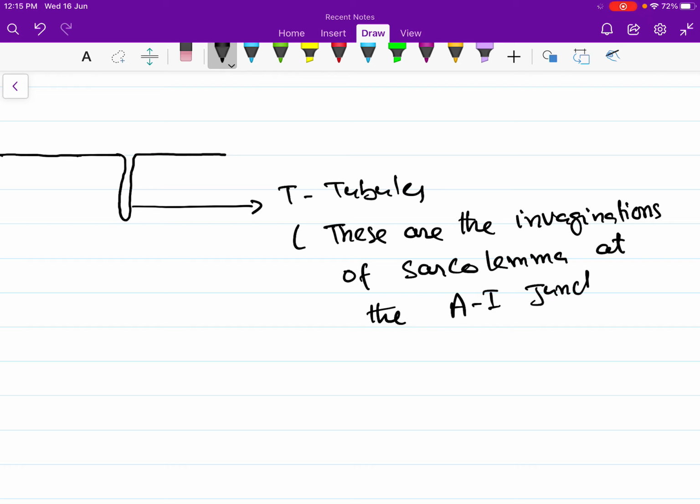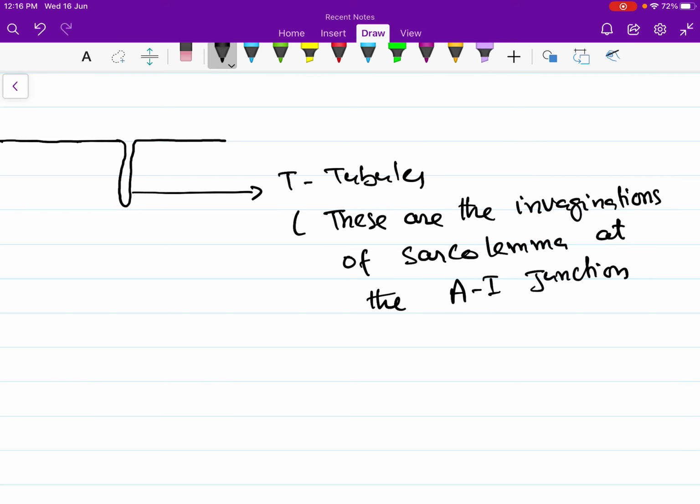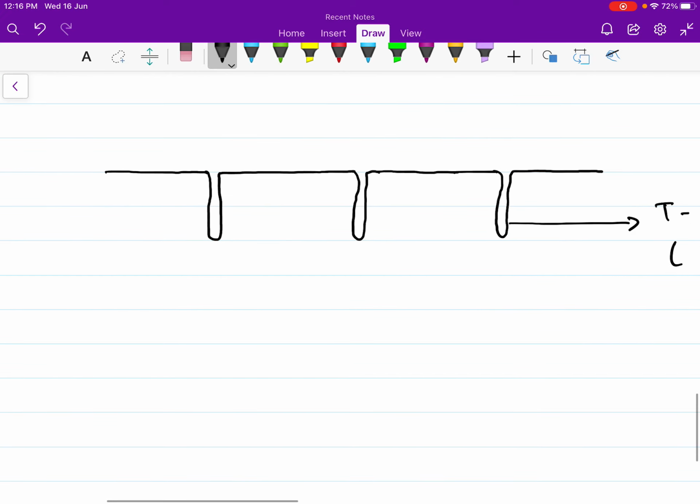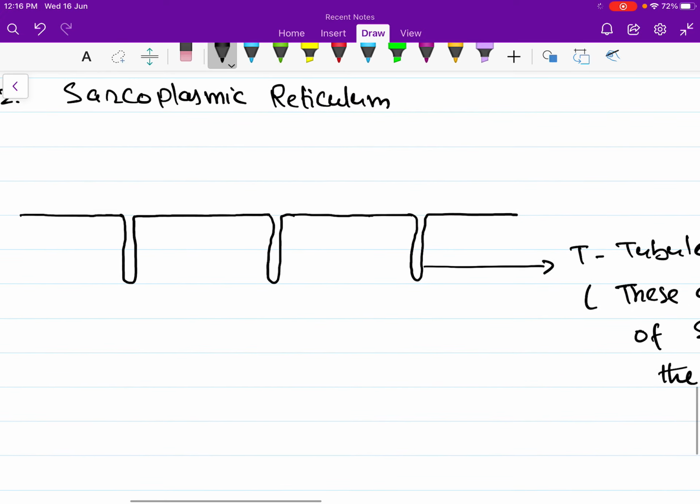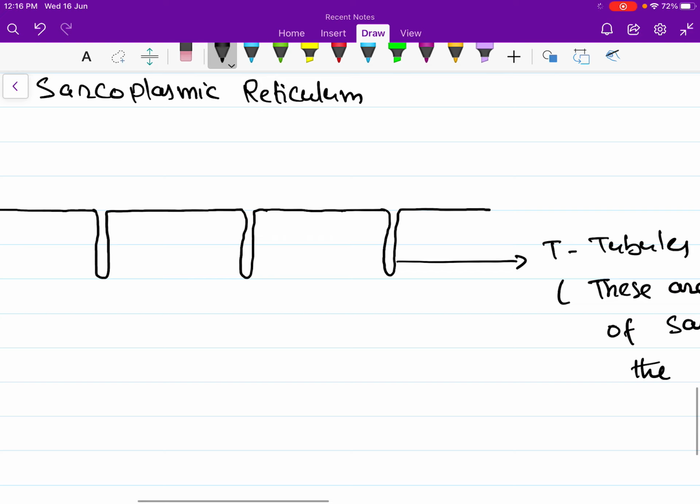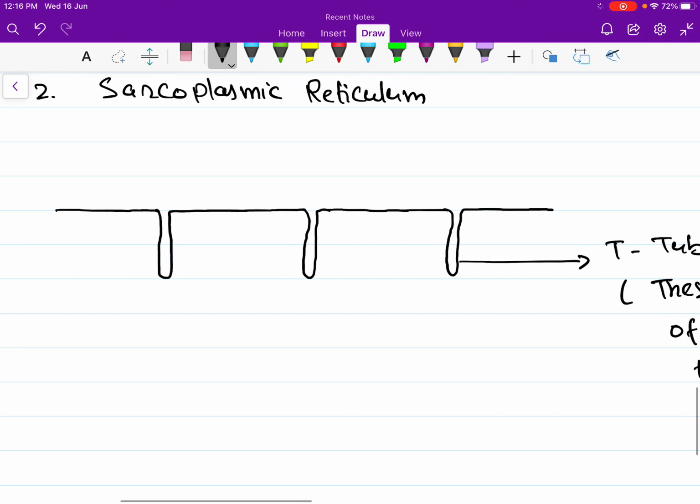The AI junction is the junction formed between the A band and I band. At this junction are present these T-tubules. So the sarcolemma will invaginate into the sarcoplasm at the junction between the dark band and the light band, especially in case of skeletal muscles. In case of cardiac muscles, they are present at the Z lines. So that is the first component, the T-tubule. The T-tubule is simply the invagination of the sarcolemma that innervates the sarcoplasm.